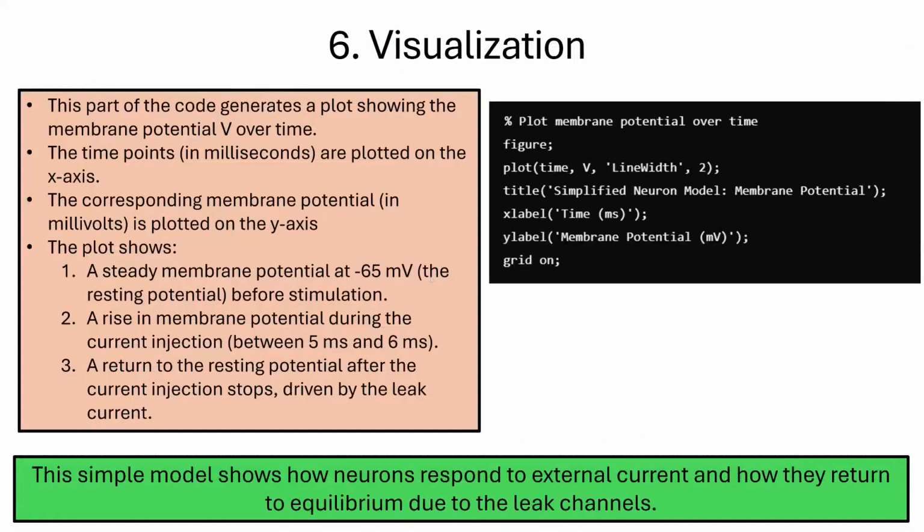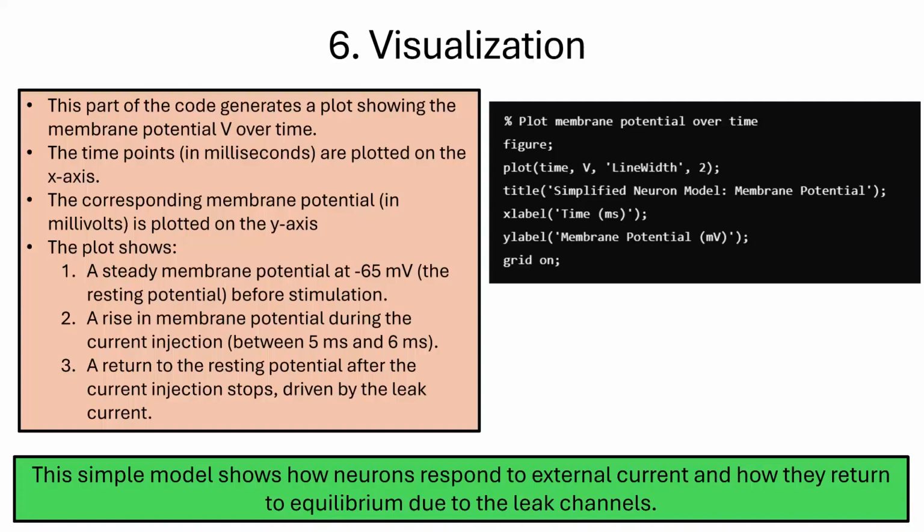Finally, we have the visualization, which generates the plot showing the membrane potential over time. The time points in milliseconds are plotted on the x-axis, and the corresponding membrane potentials are plotted on the y-axis. So we have a steady membrane potential at minus 65.